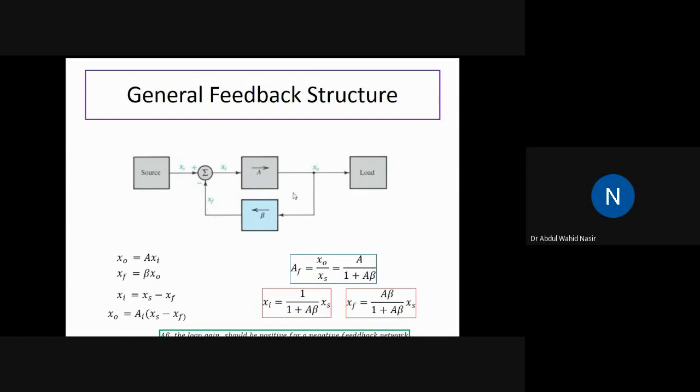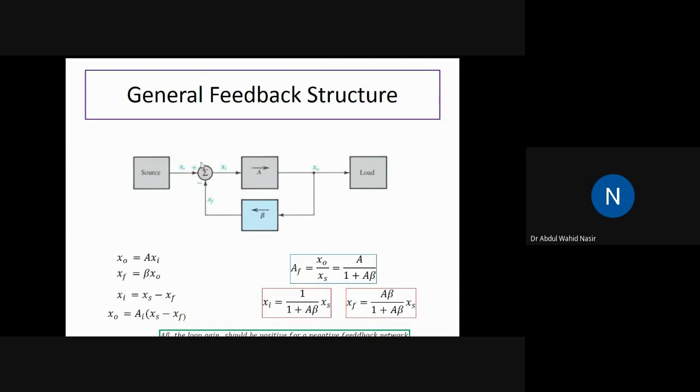From this block diagram, we can easily conclude that Xo is equal to A times Xi, since the gain of this amplifier block is A. Clear? Similarly, consider this block: the input is Xo and the output is Xf, so Xf will be beta times Xo.